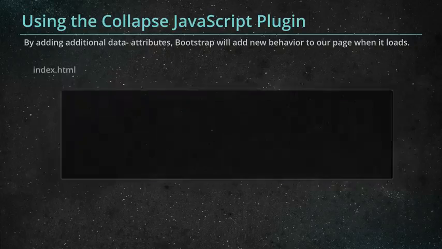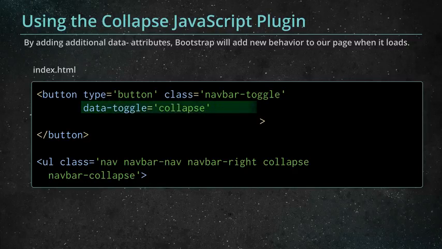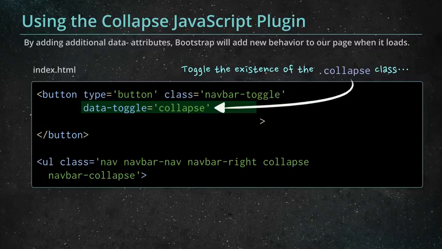So here's our button once again. Remember what we wanted to do here? We want to toggle the existence of the collapse class on the UL element. To do that, we need to specify which class to toggle using the data-toggle attribute and specifying collapse. The idea is that this will add and remove the collapse class from some element on the page.